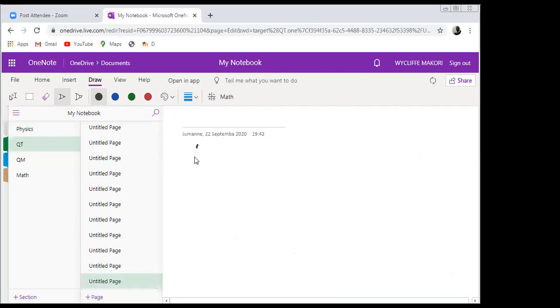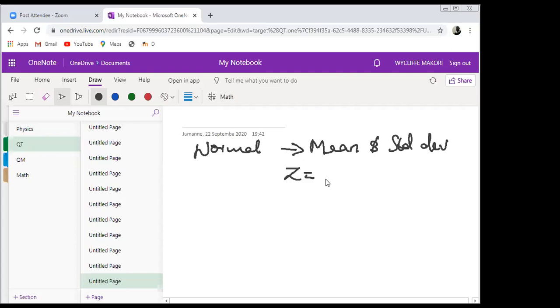When we did the normal distribution, in the question, you must be given the mean and standard deviation. If you find the question has given you the mean and standard deviation, then you use the normal, where you are supposed to calculate the z value, which is x minus the mean divided by the standard deviation.